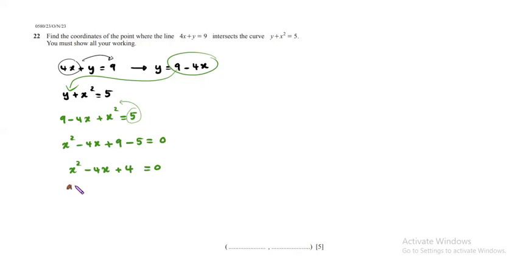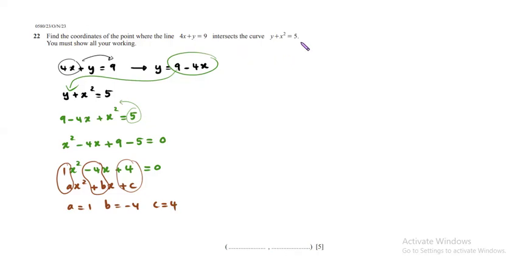It's always important that we make the equation equal to 0. Now, when it comes to the quadratic formula, a quadratic equation is of the form ax squared plus bx plus c, which means a is the value in front of x squared, which is 1, b is negative 4, c is 4. So a is 1, b is negative 4, c is 4.